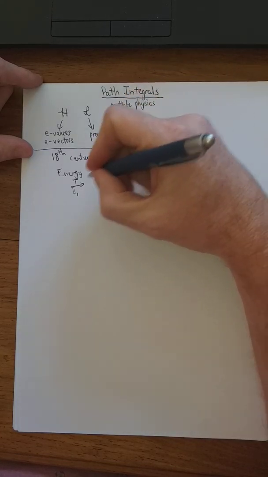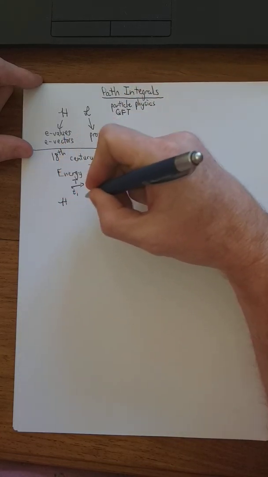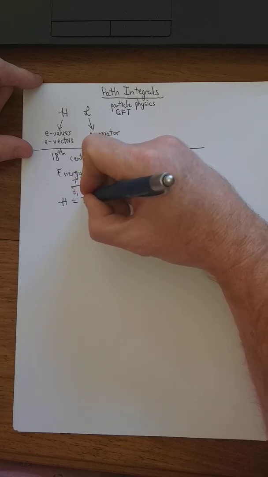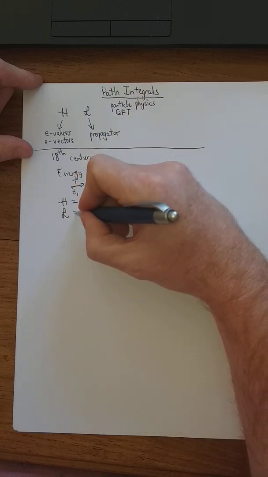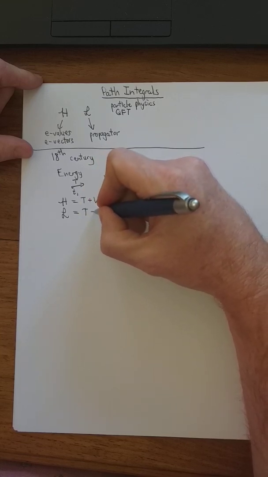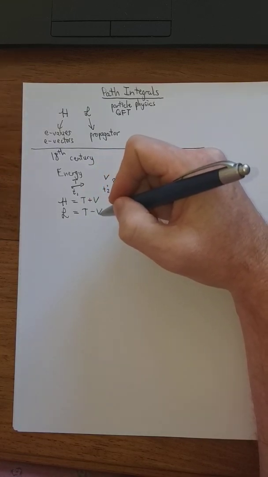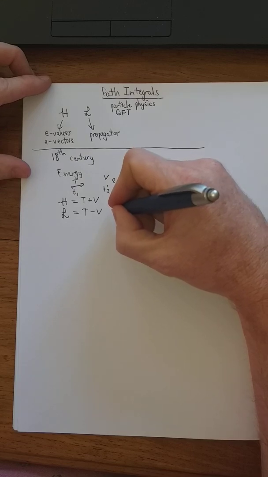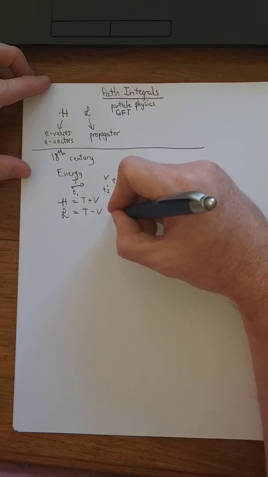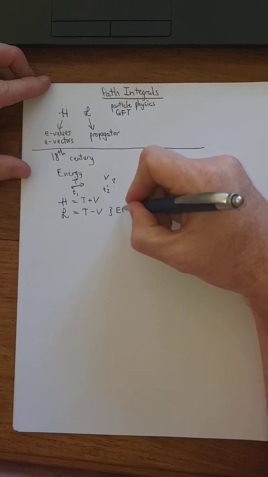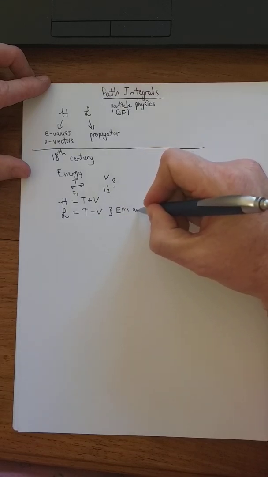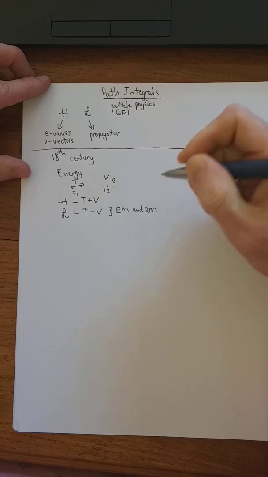Using either your Hamiltonian, which is equal to T plus V, or your Lagrangian, which is equal to T minus V. Just a side note, outside of classical mechanics, this is not always T minus V. In electromagnetism and quantum mechanics, it's not always T minus V, but that's not important now.